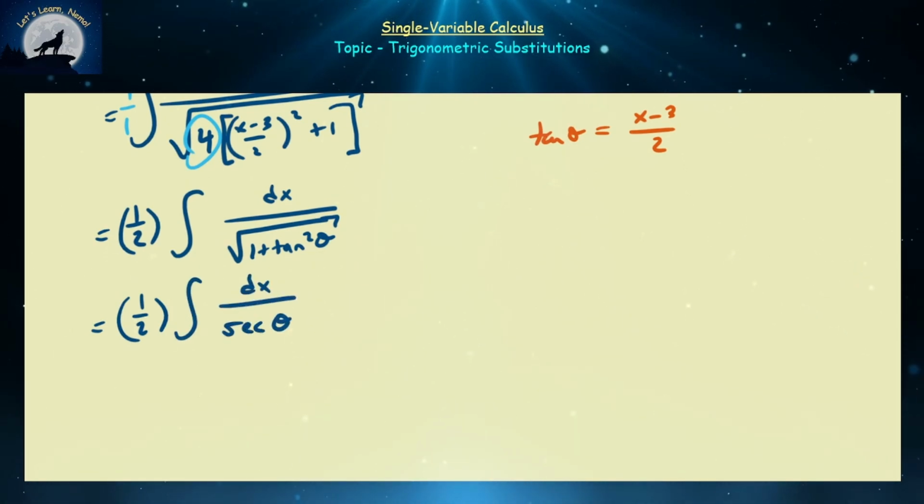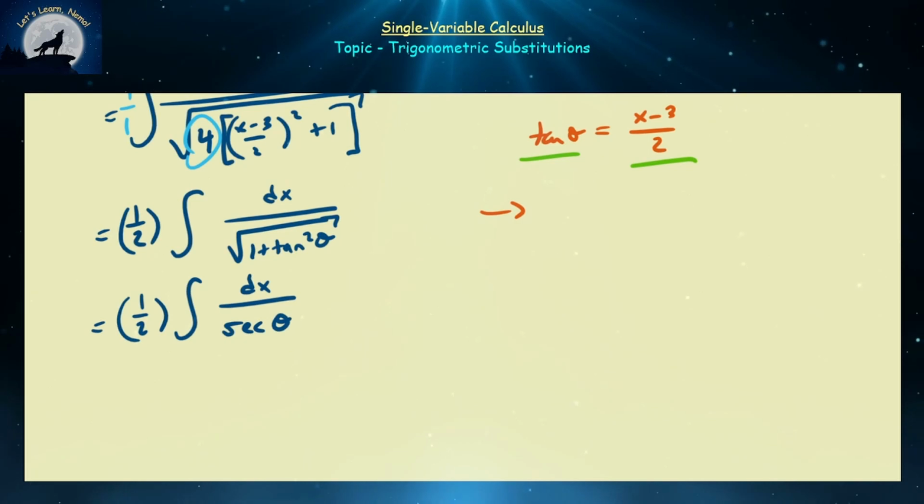But keep in mind we cannot just do the integral of dx over secant theta because that's just the integral of cosine of theta, but it's with respect to x, not theta. So we need to represent this in terms of a differential of theta so we can continue this integration process. So let's differentiate both sides of this equation with respect to x, or implicitly differentiate this.